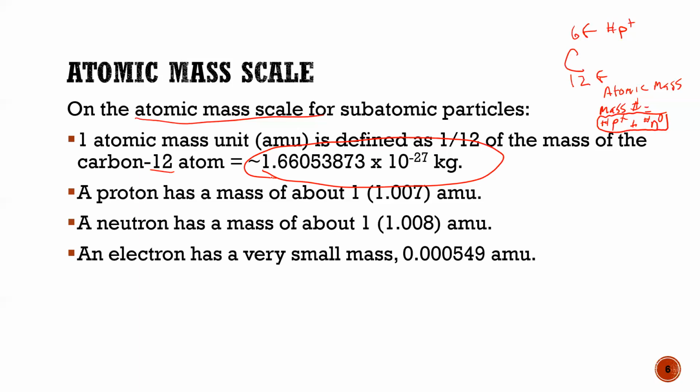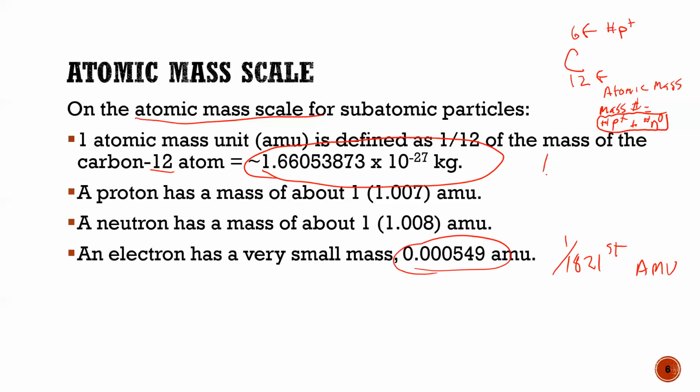Now, an electron is extremely small. In fact, it's not even an AMU. It's 0.000549 AMU, which is roughly 1/1,821st of an AMU. Now, how did I get that number, right? I just divide 1 by this number.